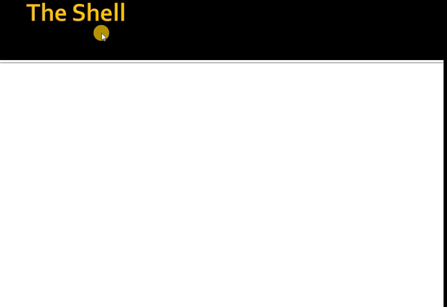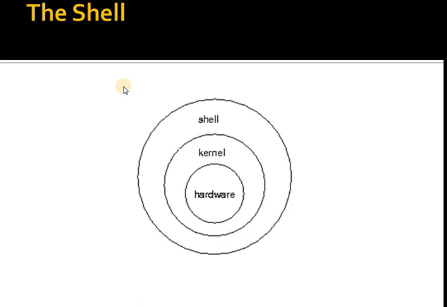I hope you all have seen a coconut. When we remove the outer covering of the coconut, there is a hard surface which is known as the shell. Same concept is used here in Linux operating system.